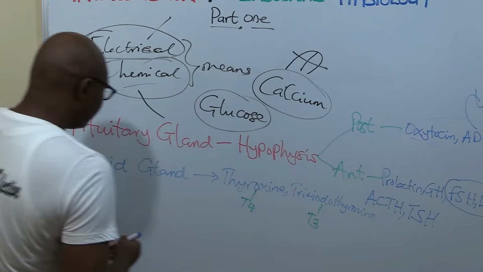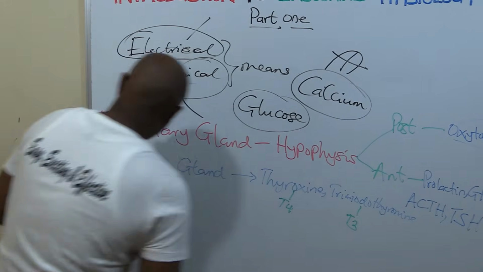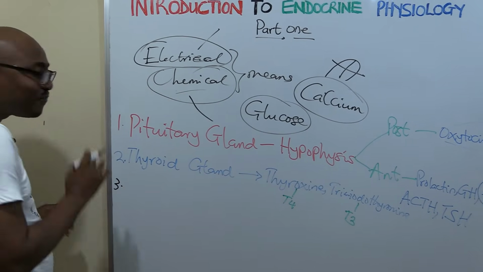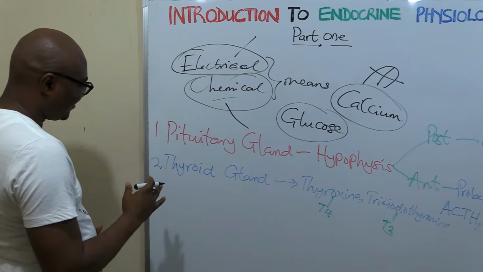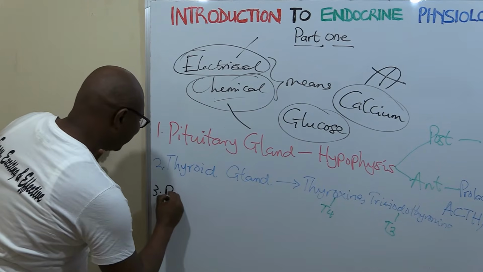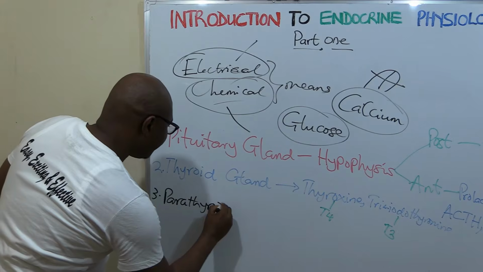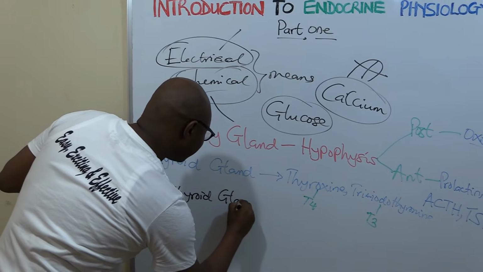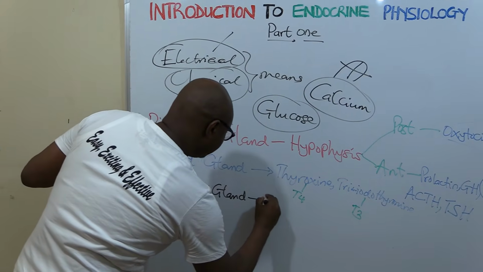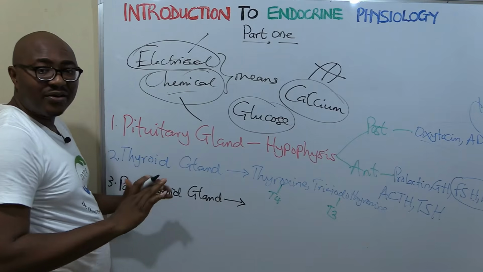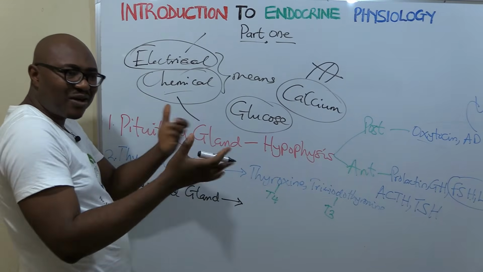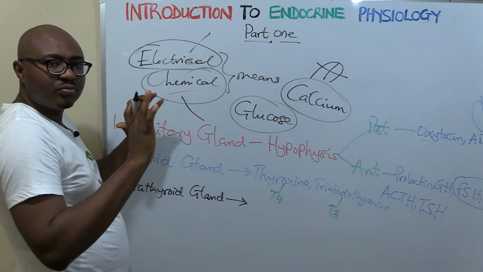Right. So next, number 3, you have the parathyroid glands, a similar name. The parathyroid glands are involved in calcium homeostasis.